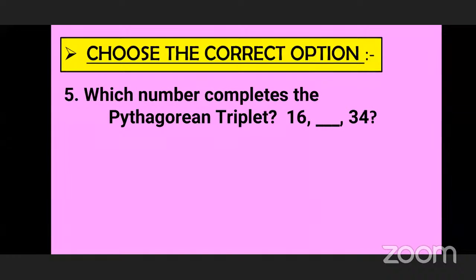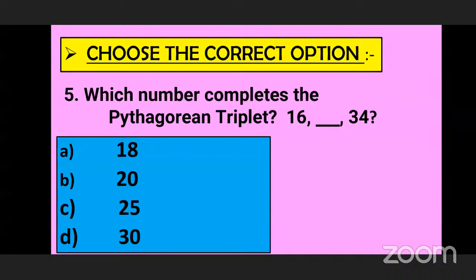Let's move to the fifth quiz question. Which number completes the Pythagorean triplet? So which number do we have to put over here? 18, 20, 25 or 30?